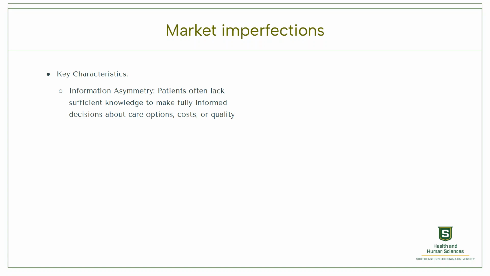The patients, who are in this case the clients or the consumers, do not really know how much healthcare costs. Sometimes your provider would say it depends, and after the insurance has decided how much they can cover, that's when you will know how much is up to you to cover. So it's very, very complicated. And this information asymmetry leads to the US healthcare system being an imperfect market.